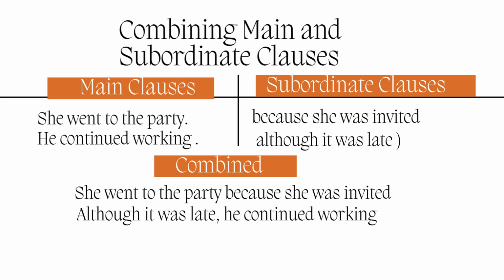She went to the party because she was invited. Now, the sentence makes sense, right? So, we have structured this sentence, and of course, now we have a complex sentence. Well, I'm going to make a video on that separately, but for now, let me just tell you that a main clause plus a dependent clause is equal to a complex sentence.